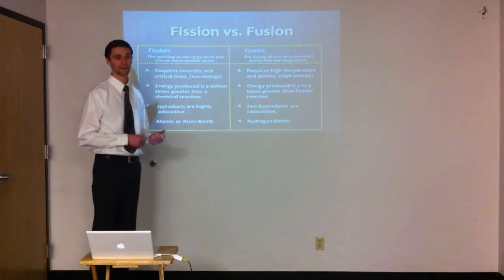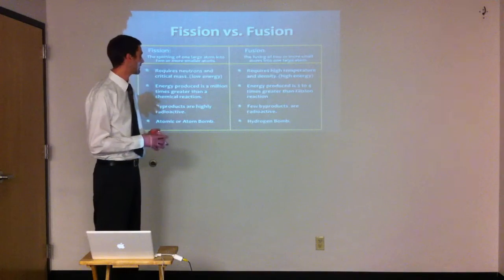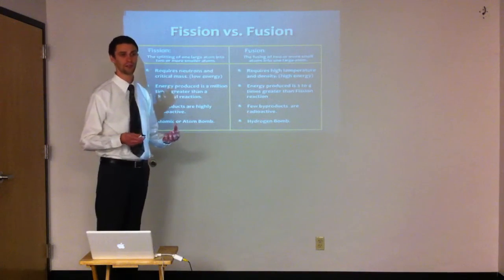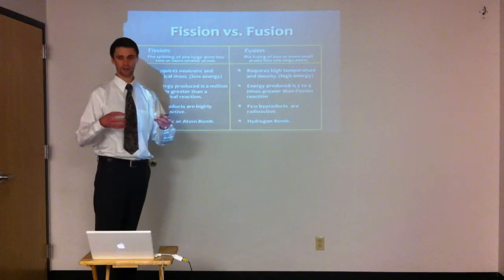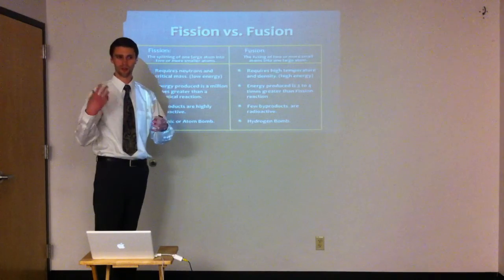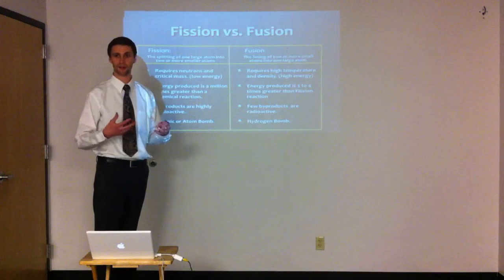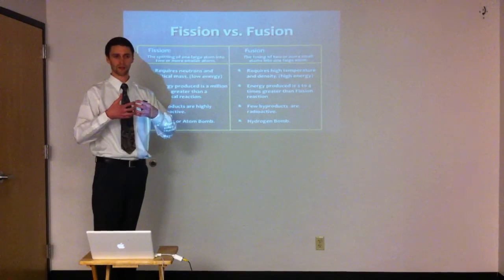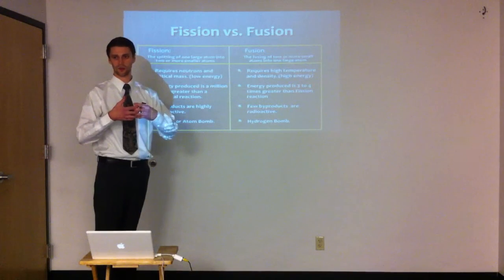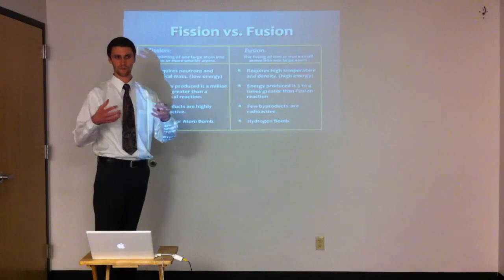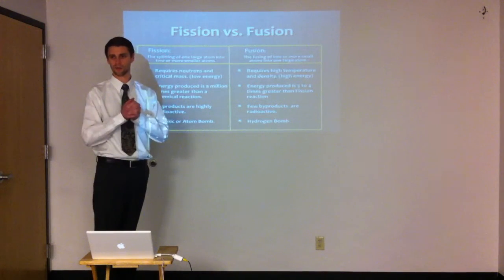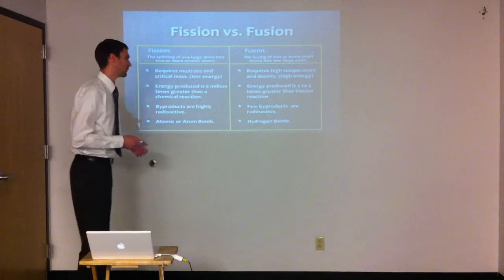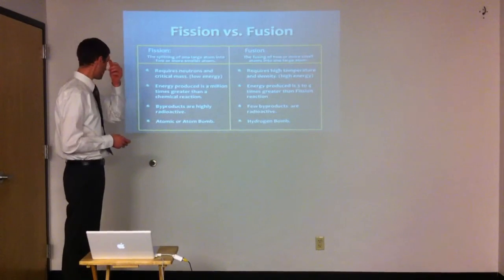It needs a lot of heat and a lot of pressure, because in order to get these atoms to fuse together, they have to overcome the electron force, the electrons that surround an atom. They have to overcome that electron force so that the force of the nuclei can actually take over, and then they combine. That's really hard to do. It takes a lot of energy.